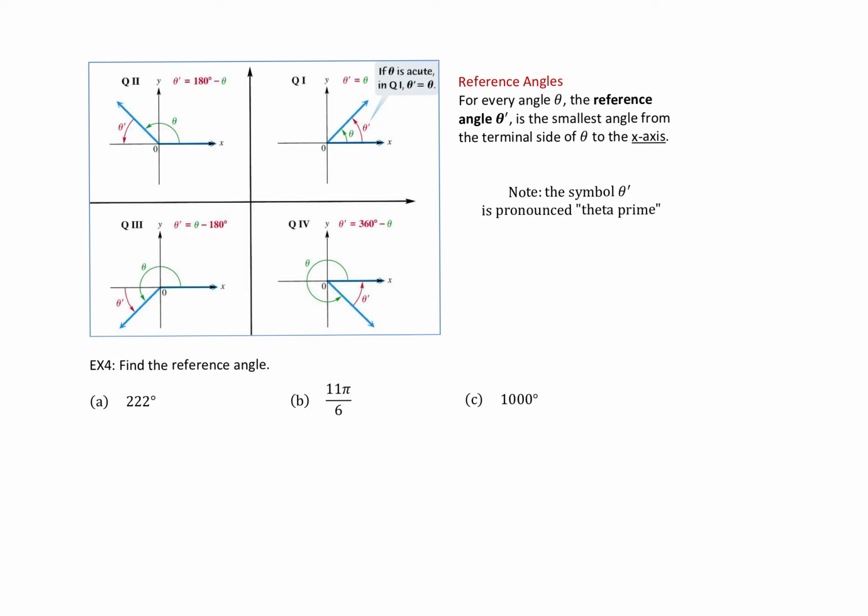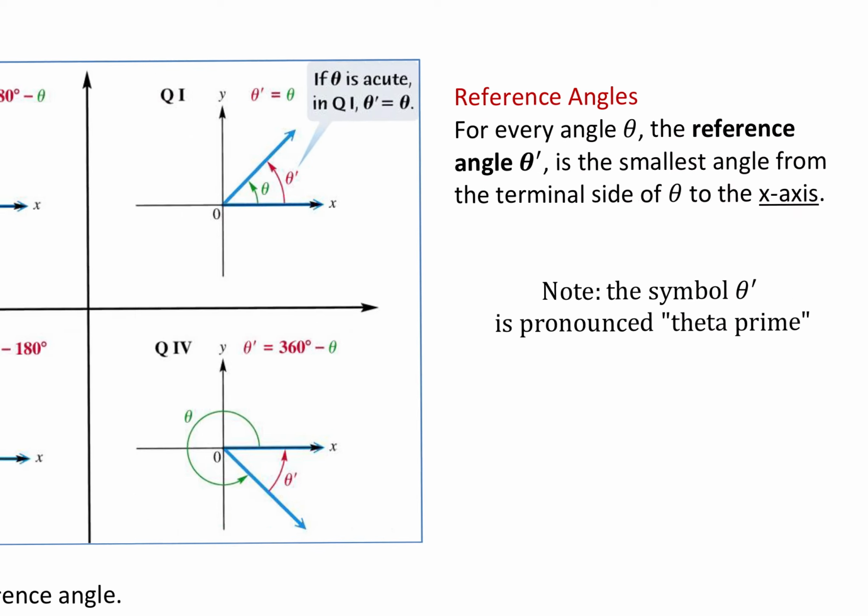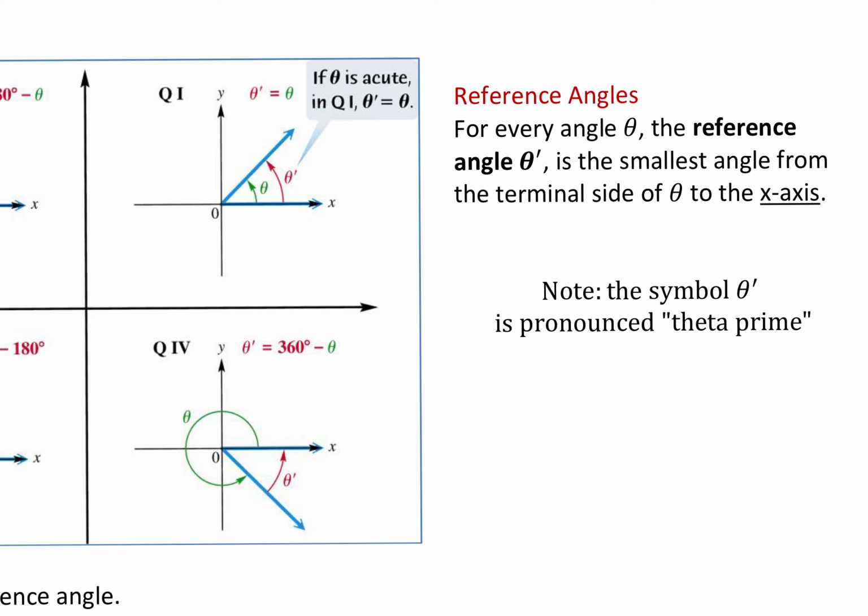So the next thing we're going to talk about is this idea of a reference angle. And we're going to be using this accent mark, which in math is prime. Regardless of what else we call it, that stands for prime, and if our angle is the Greek symbol theta, then this is pronounced theta prime.